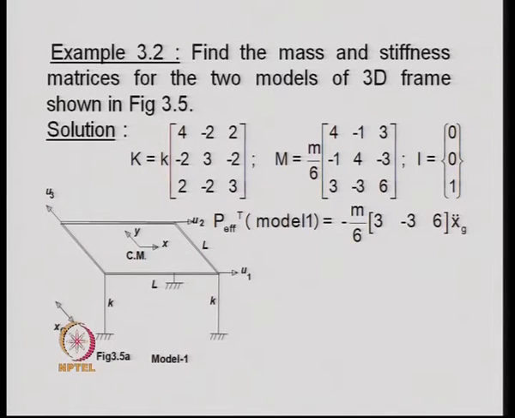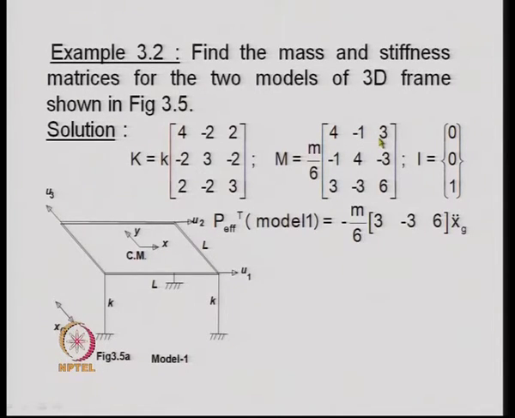Now, let us see how we can obtain this coupled mass matrix. For that, I will try to explain to you how the first column of this mass matrix is derived. The other columns are derived in a similar fashion, therefore, I will not explain them.